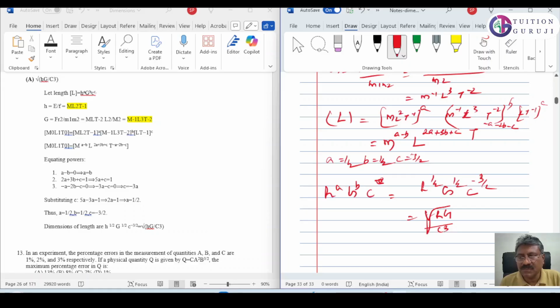C raised to minus 3 by 2 is c cube in the denominator. So the answer is square root of h G by c cube. A is the answer.